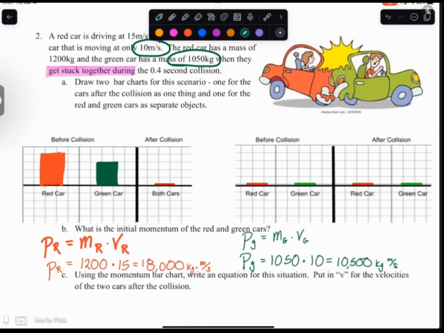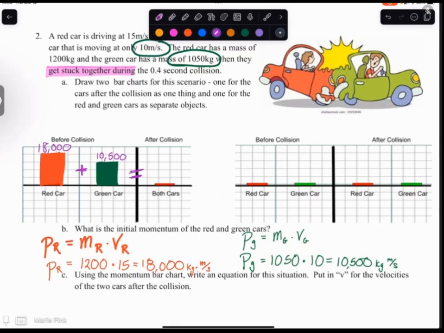So just as a comment here, this one now we know is 18,000. And our green one is 10,500. So they're not perfectly drawn to scale, but that's fine. And then what we're going to do is after the collision, we need to know how much momentum there is. Well, if you remember, when we add the momentums before the collision together, it has to be equal to after.